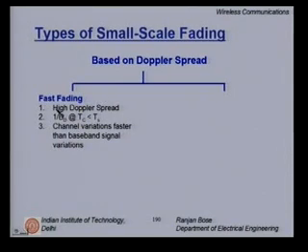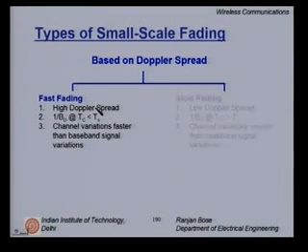Here there is high Doppler spread and it occurs when T_C is much less than T_S. T_C is the coherence time of the channel, T_S is the symbol duration. The channel variations are faster than the baseband signal variations. If this occurs, we say that it is a fast fading scenario.